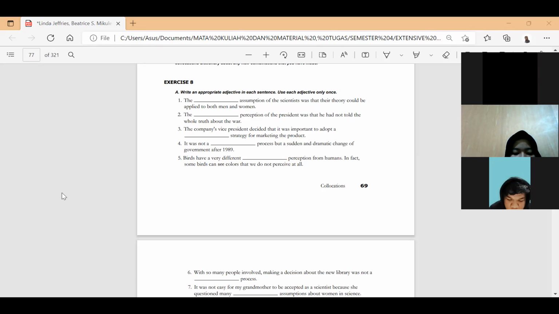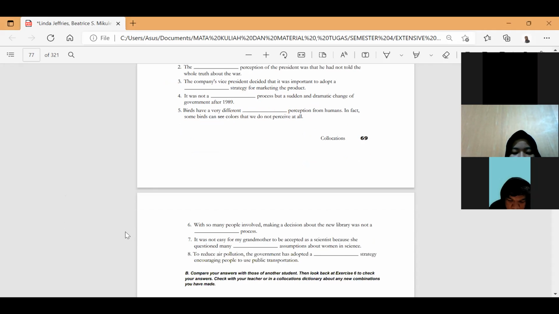Start from number one. The number one for me is general. The general assumption of the scientist was that their theory could be applied to both men and women. And two, fundamental. And three, winning. Four, historical. Five, visual. Six, single. And seven, popular. And eight, successful.